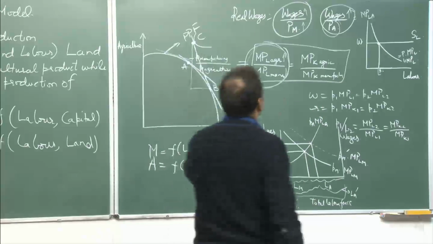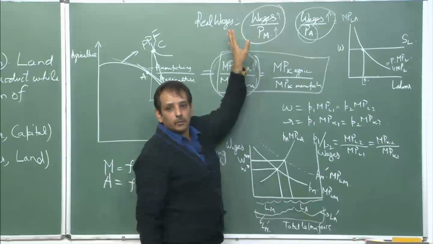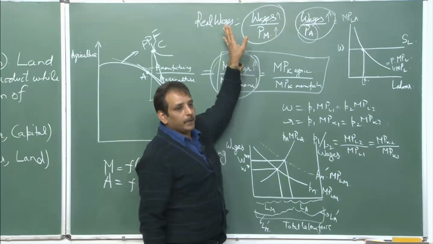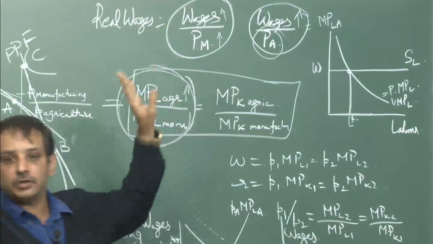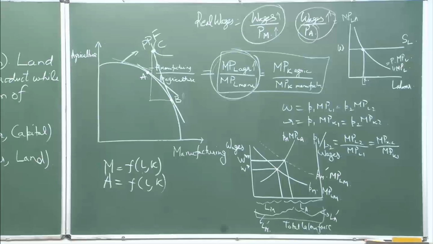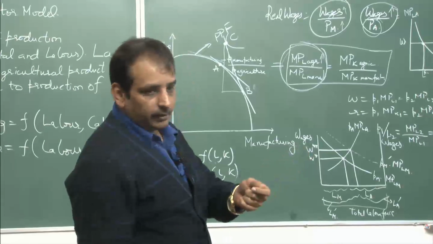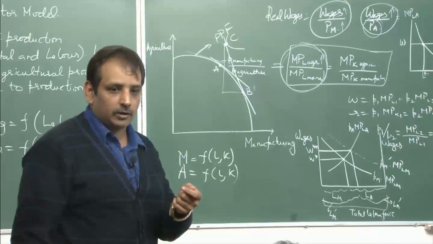So this goes up, but remember what happens to the marginal productivity in the manufacturing sector? It goes down, because now you have more labor coming in. More labor coming in means diminishing marginal productivity.